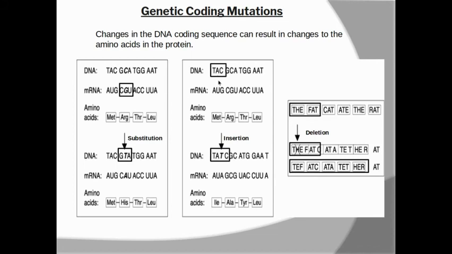When you insert an extra base, you push everything out of alignment. So the code gets shifted because it's still going to be read in groups of three. So AUG CGU is no longer going to be read that way. Because if you add an extra in there, it's going to shift everything over. Every amino acid after the mutation is going to be off.